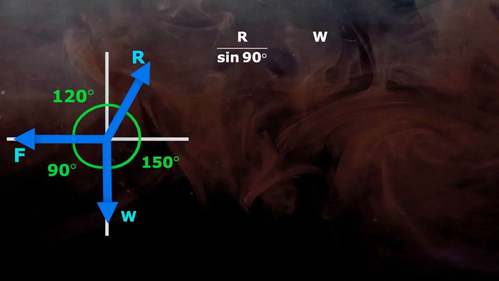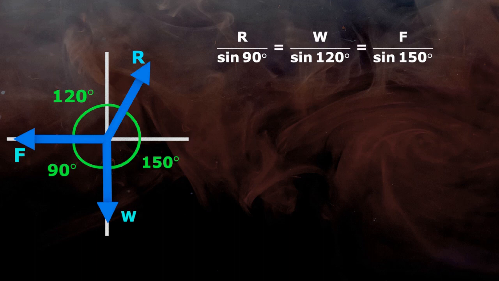The second force is W and it is divided by the sine of the angle between F and R, that is sine 120 degree. And the third force is F and is divided by the sine of the angle between R and W, that is sine 150. Then all these divisions are equal.